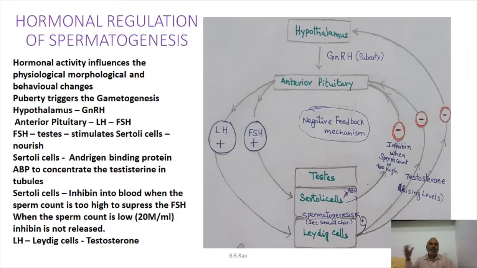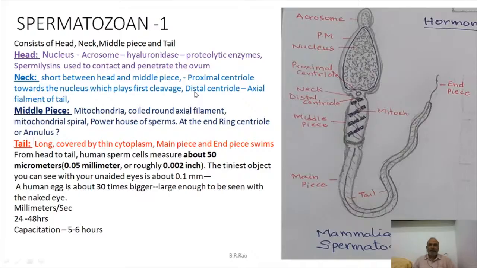They also secrete inhibin. ABP will accumulate the testosterone. Inhibin is released only when there is more sperm production. To cut down the sperm production, inhibin is liberated, and of course it will inhibit FSH action. And the third one, which is very important, is nourishment. Again, I have explained, this is the beautiful control of hormones over sperm production. This is called hormonal regulation of spermatogenesis.